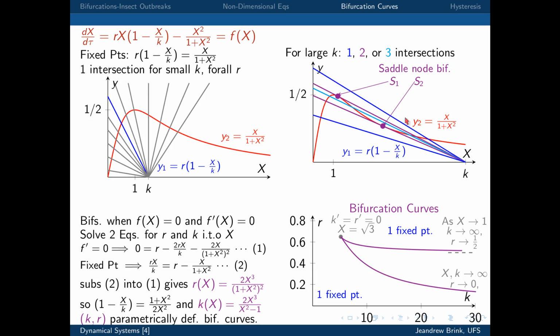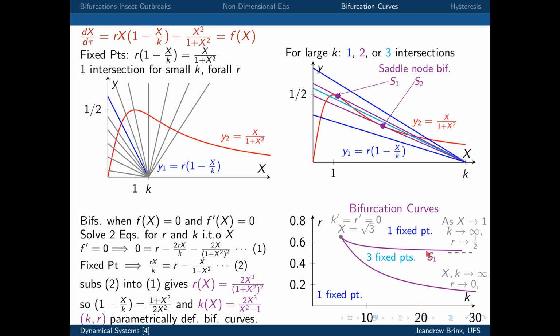But if we decrease it and we get to the bifurcation curve, which is this purple over here, then we have two fixed points. If we decrease it further over here, which lies between the two purple lines, we basically have three fixed points corresponding to the blue. And then we cross the line again and we again have one fixed point.